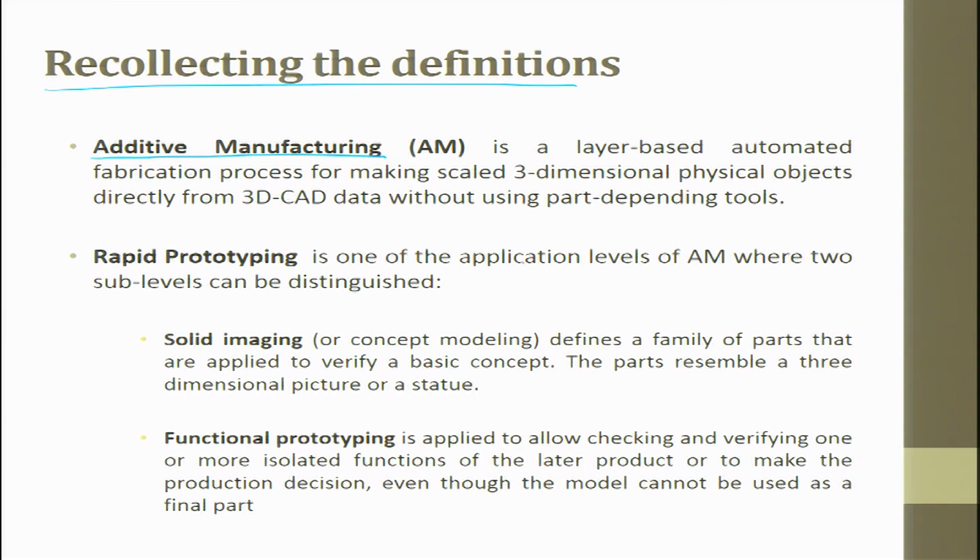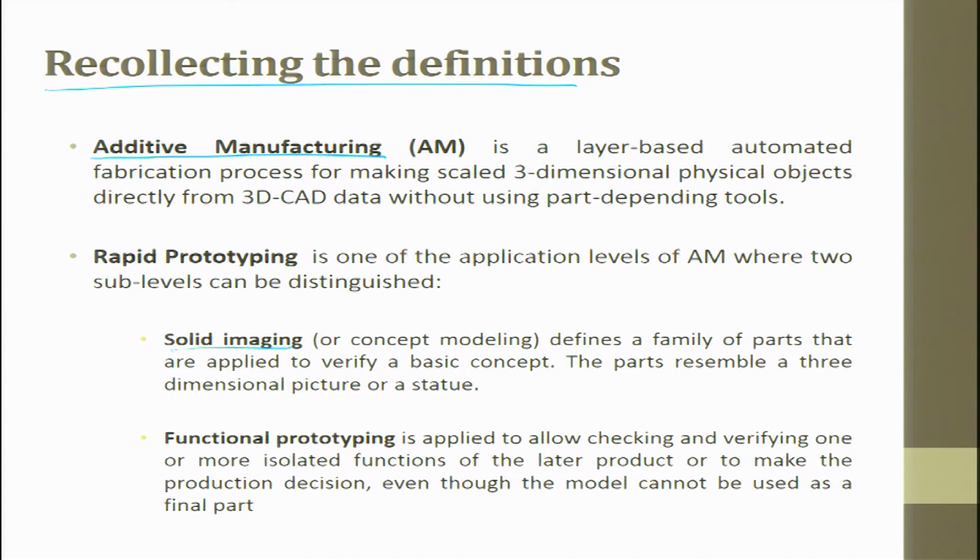Prototyping is one of the application levels of additive manufacturing where two sub-levels can be distinguished. One is solid imaging or concept modeling, which defines a family of parts that are applied to verify a basic concept. The part resembles a three-dimensional picture or a statue.